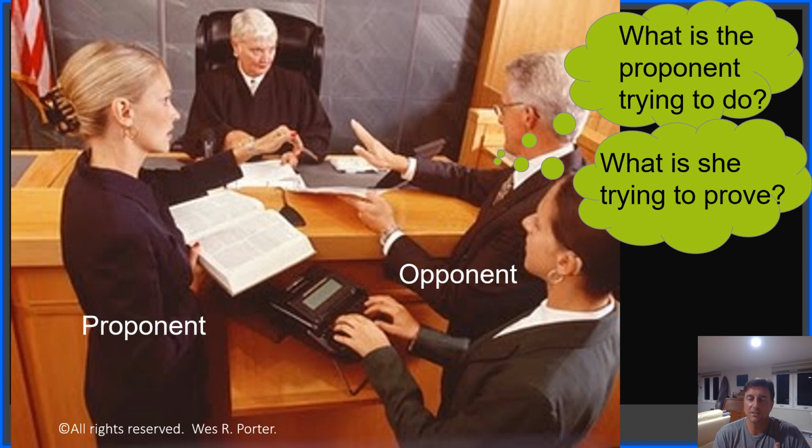You should cut off these questions and not allow her to continue down this line of questioning. So you can see the back and forth that happens. Opponent first, then proponent, then back to the opponent, the judge rules, and all of it, underlying all of it, comes down to what is the proponent trying to prove? What is she trying to do with this evidence?